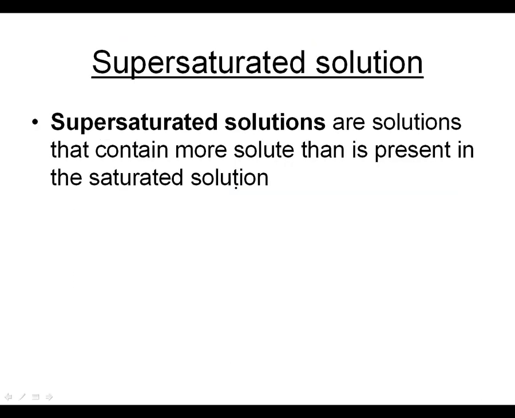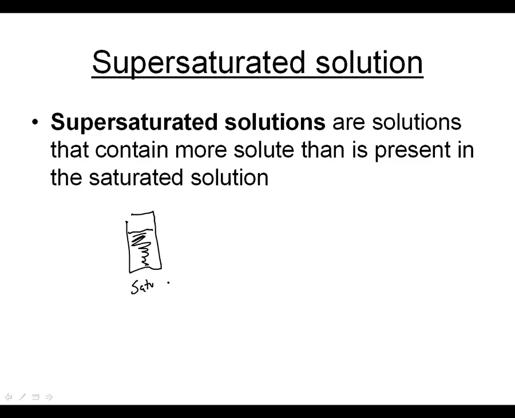Now, there is another type of solution, which is referred to as a supersaturated solution. A supersaturated solution is a solution that contains more solute dissolved in it than it should at that particular temperature. One way that you can make a supersaturated solution is, for example, you can take a solid and put it in here and make a saturated solution.